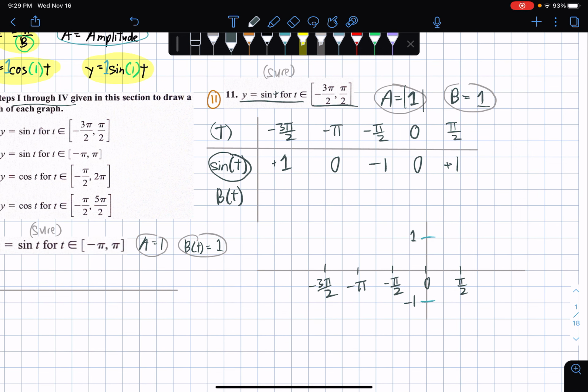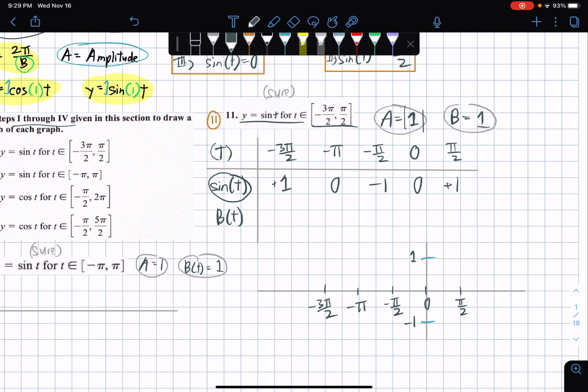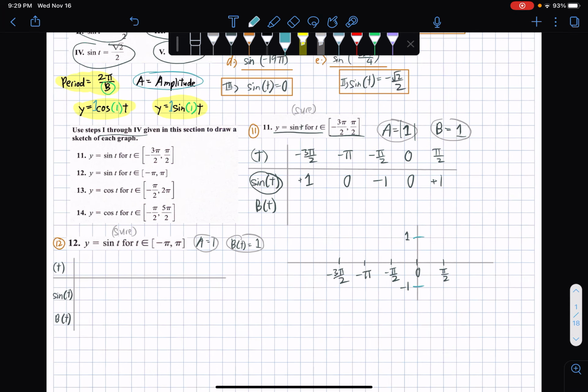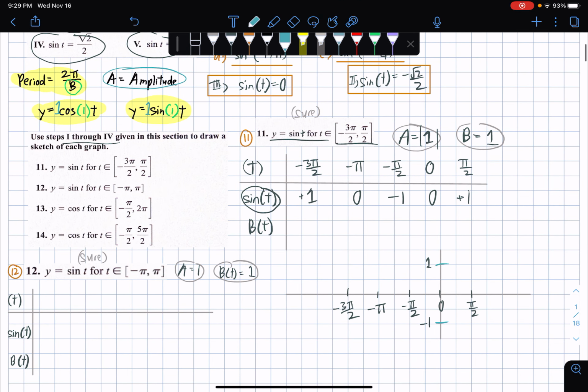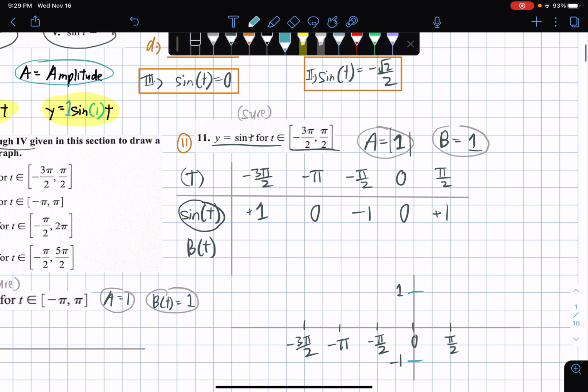Now let's look for the b times t. By the way, if we're looking for the b times t, it's just, how am I supposed to say this? Right now it's not too strict, because the b value is just 1, we just basically copy everything from t.